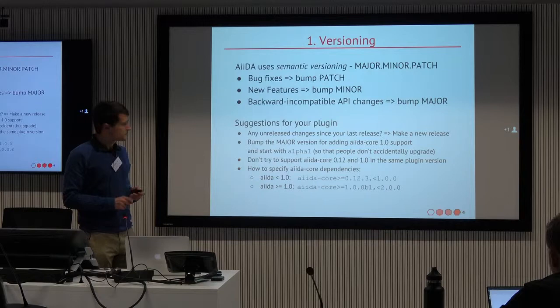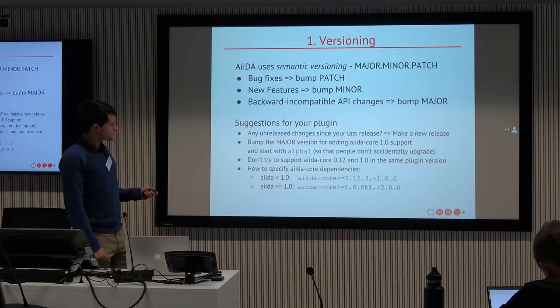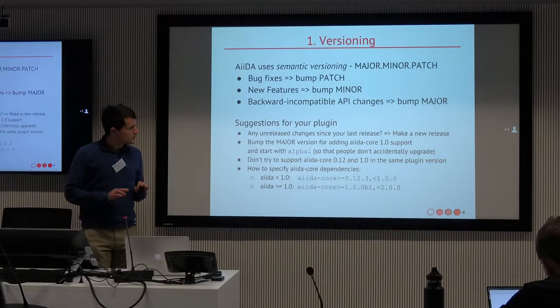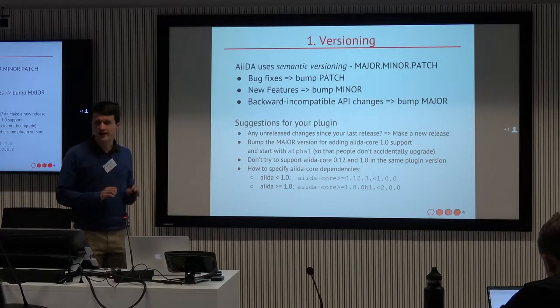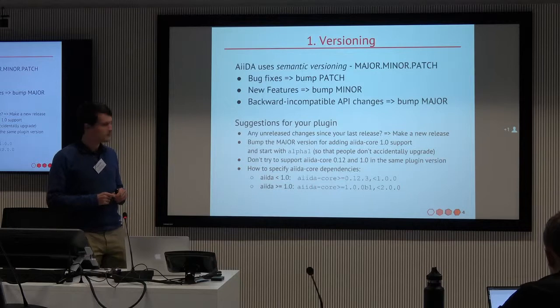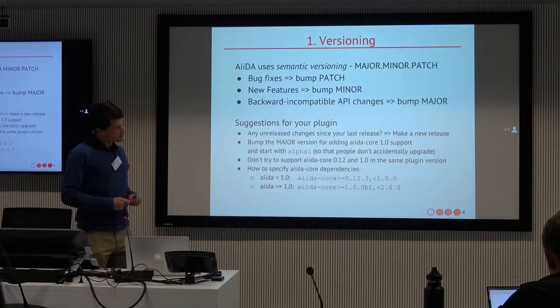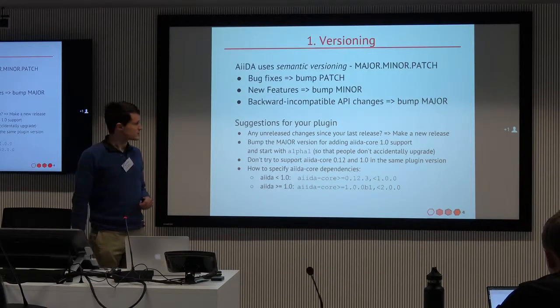Then, at the moment, we don't suggest trying to support both AiiDA Core 0.12 and AiiDA Core 1.0 in the same plugin. So I would say make this new plugin support Python 2 and Python 3, but AiiDA Core 1.0 only.